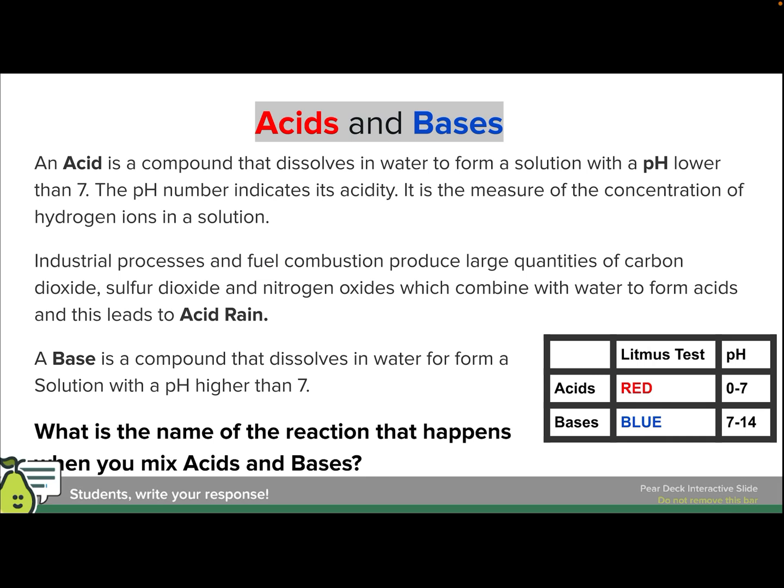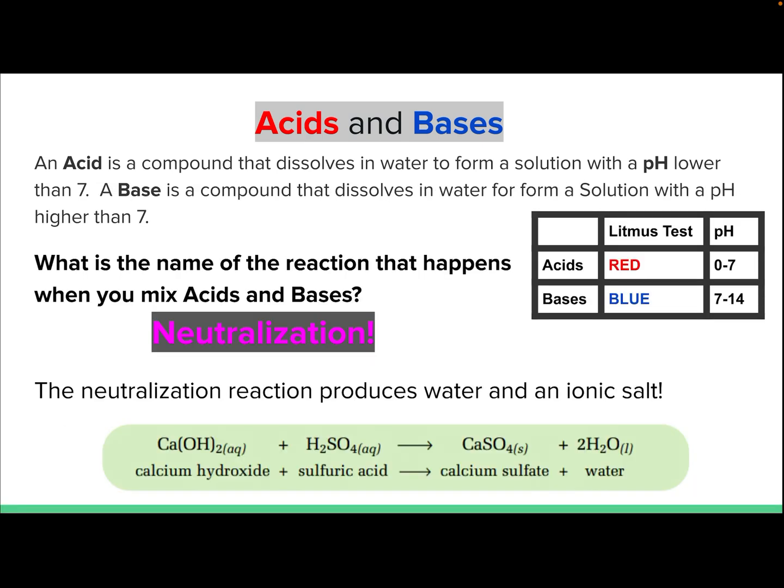Bases, their pH range is 7 to 14, and if you look at the little chart, acids are 0 to 7, so they're lower, and 7 is neutral. Okay, what is the name of the reaction that happens when you mix acids and bases? Any ideas? It would be a neutralization. So we're neutralizing it, so at the end it should have a pH of 7.